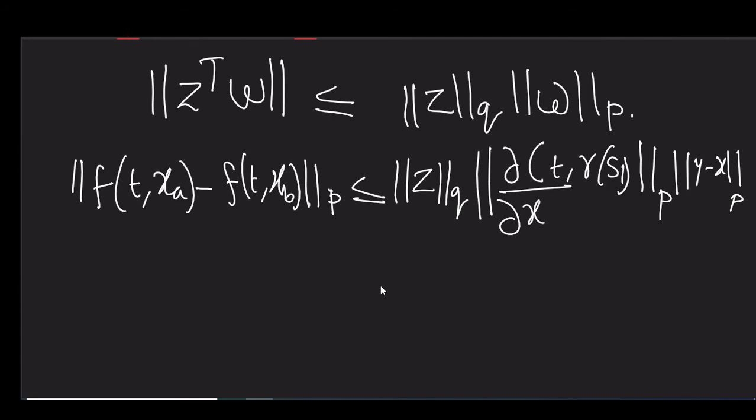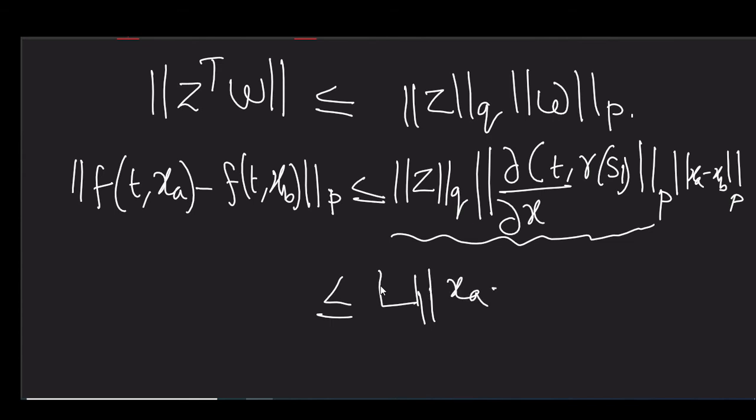So this total thing can be written like, as we know zq is equal to 1, so this we can write as the L norm of, sorry, it is xa minus xb, norm of xa minus xb.